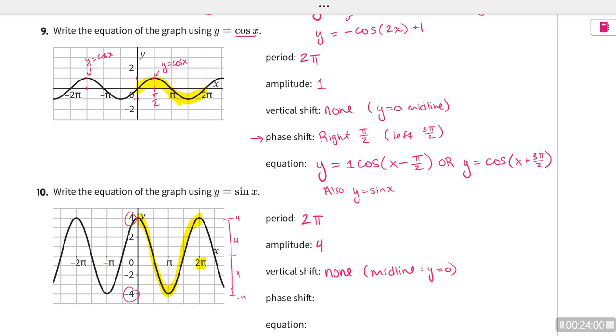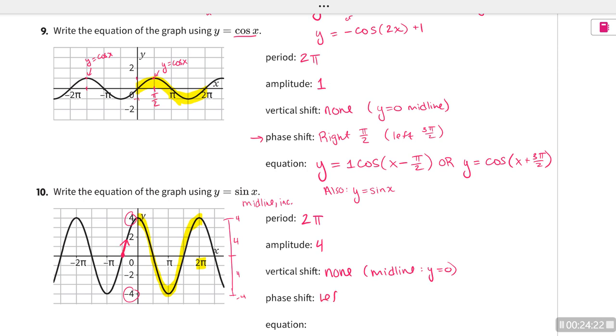For the phase shift, since we want a sine graph now, we want to find where we're at the midline going up, or increasing, I should say. There are a few places I could look. Right here we're at the midline going up.